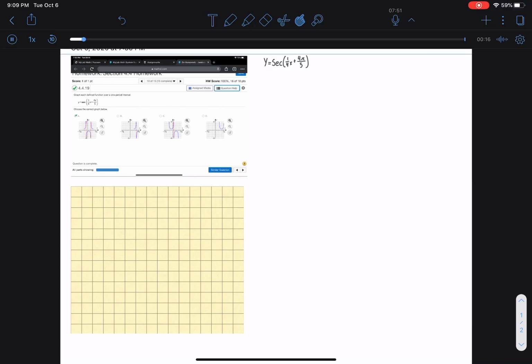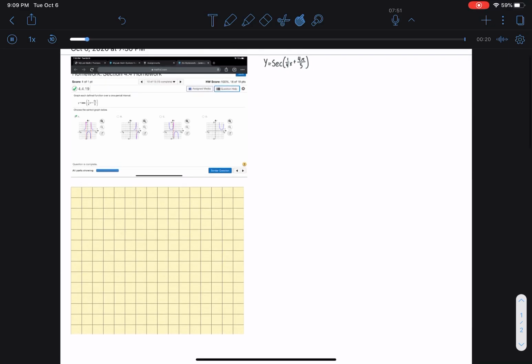So the first thing we have to do, we already have our problem here, secant 1/4 x plus 4 pi over 5. And to get this answer, we're going to first want to graph out the inverse of it. So y equals cosine 1/4 x plus 4 pi over 5.